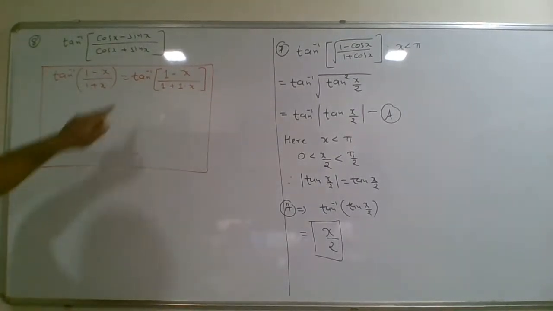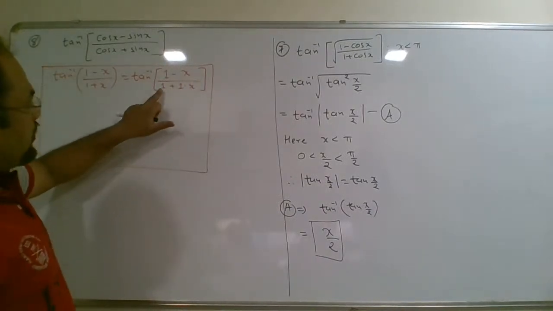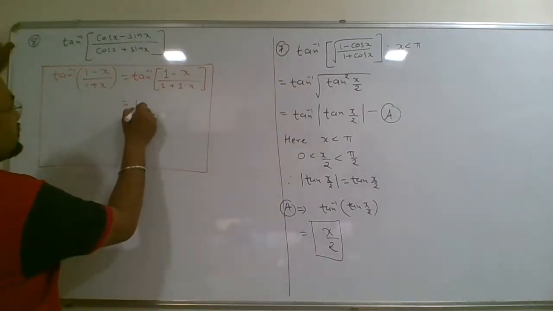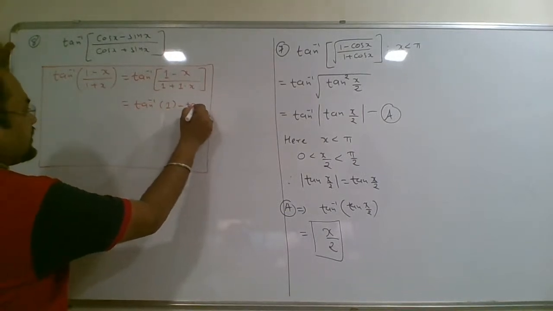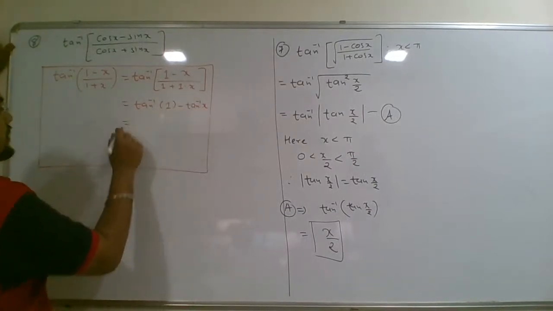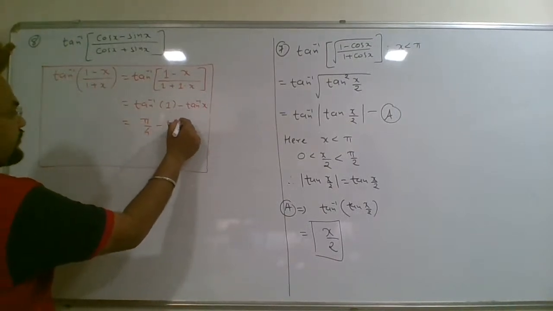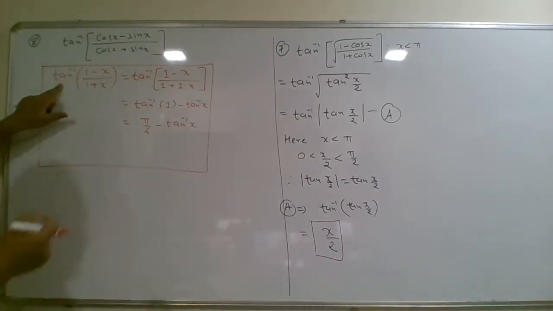So it is the formula form, tan inverse alpha minus beta upon 1 plus alpha into beta, which equals tan inverse 1 minus tan inverse x. And tan inverse 1 equals pi by 4. So it is pi by 4 minus tan inverse x. Understood? Again I am repeating, it is a very important concept.